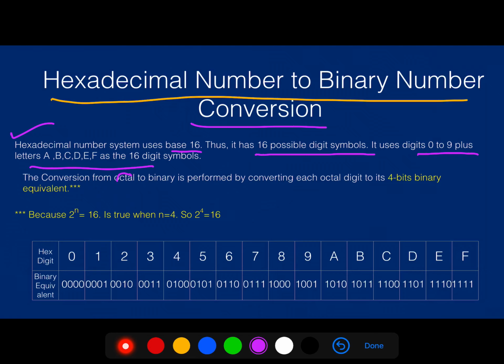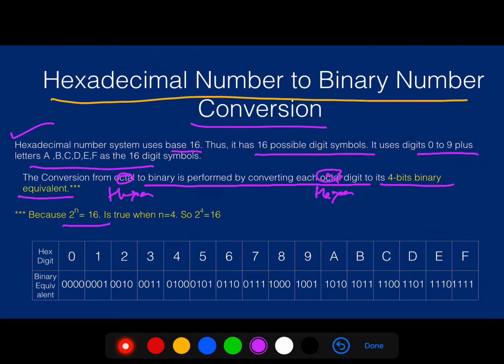Conversion from hexadecimal to binary is performed by converting each hexadecimal digit to its 4-bit binary equivalent. There it was 3-bit, here it is 4. Why?